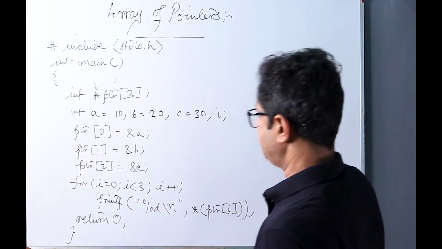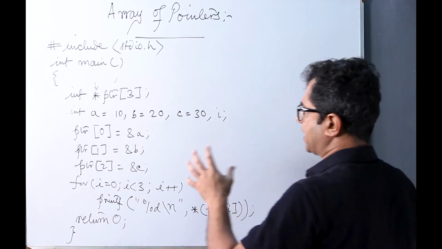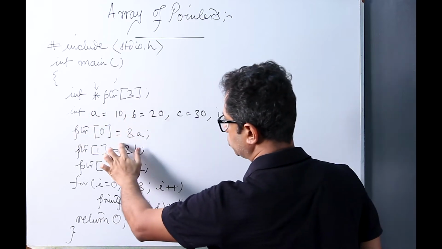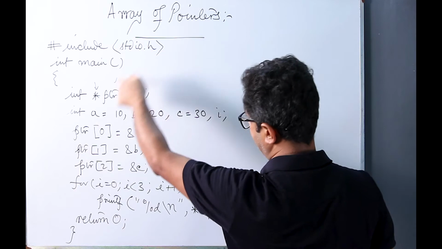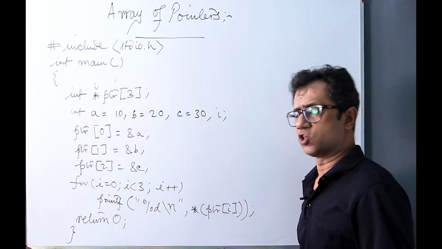In this way, we have assigned the addresses of these different integer variables into the different contiguous locations of the array ptr, which is nothing but an array of pointers to integer.